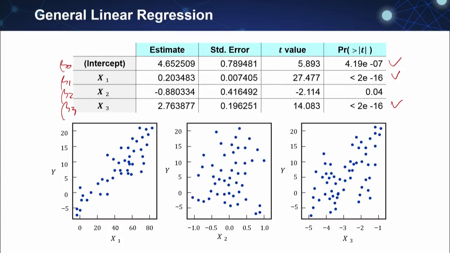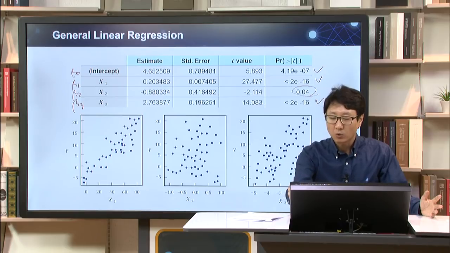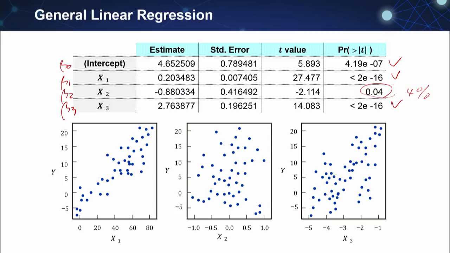However, the p-value of x2 is 0.04, which roughly means that the probability that the true x2 coefficient is 0 is about 4%. This p-value is somewhat on the boundary, right? We don't have that much confidence that x2 is not 0.